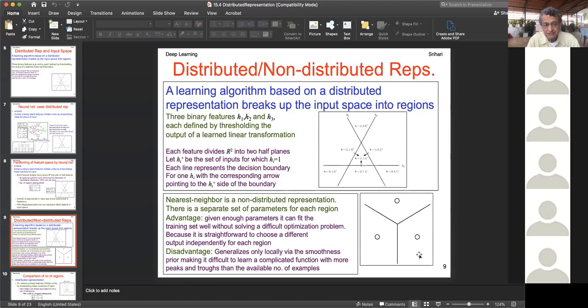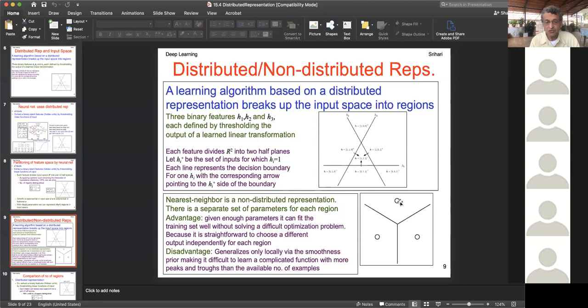The advantage of it is that, given enough parameters, it can fit the training set well without solving a difficult optimization problem. Figuring out a distributed representation is complicated because we need to set up a loss function, and we need to backpropagate to figure out the exact parameters and so on. That's what is needed to figure out a distributed representation. A symbolic representation is extremely straightforward.